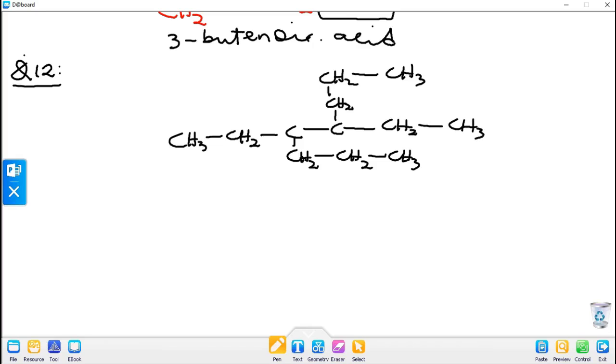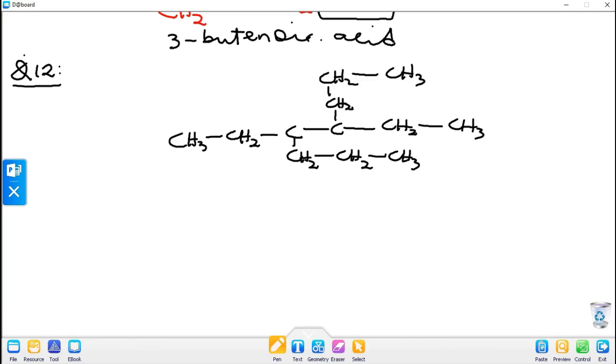Now, dear students, I leave you with the challenge of trying to identify where our parent chain will be. Looking at the hydrocarbon given to us, we are required to look carefully and identify the longest continuous chain, which will be our parent chain.